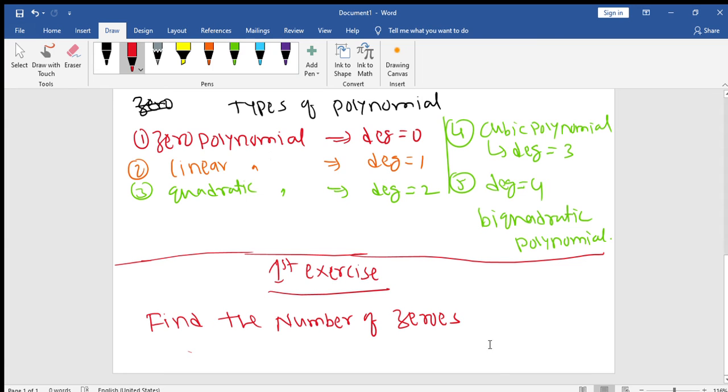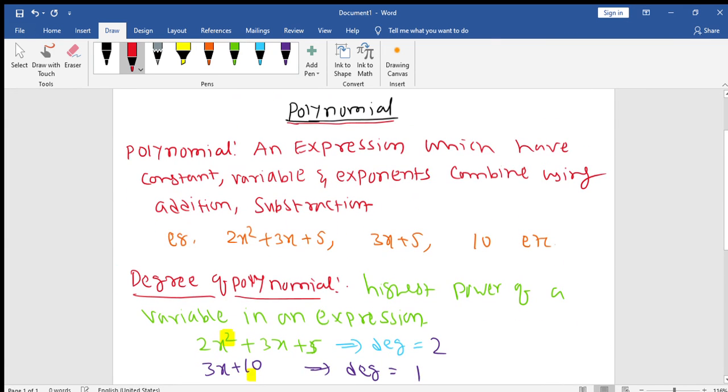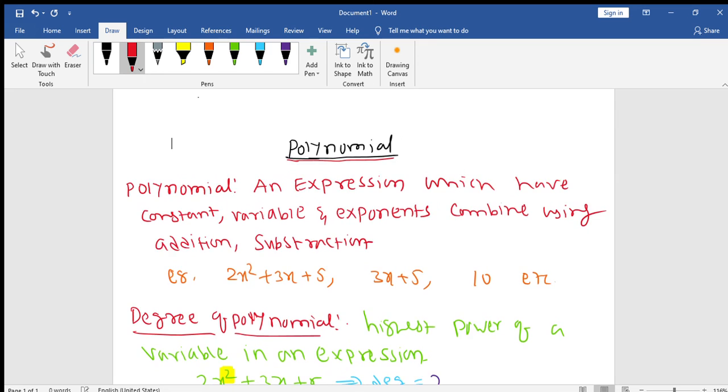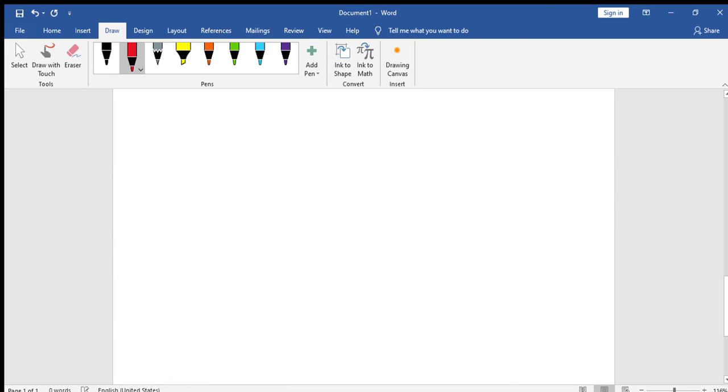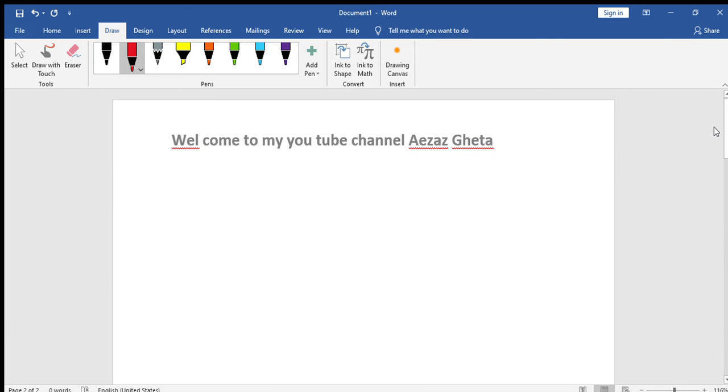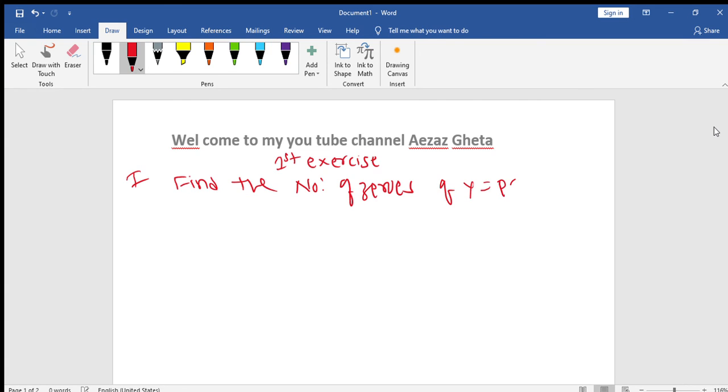We need to find the number of zeros for y is equal to p of x.